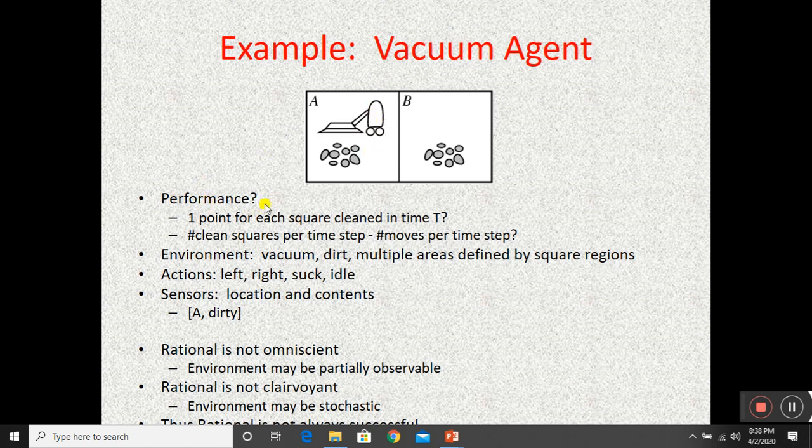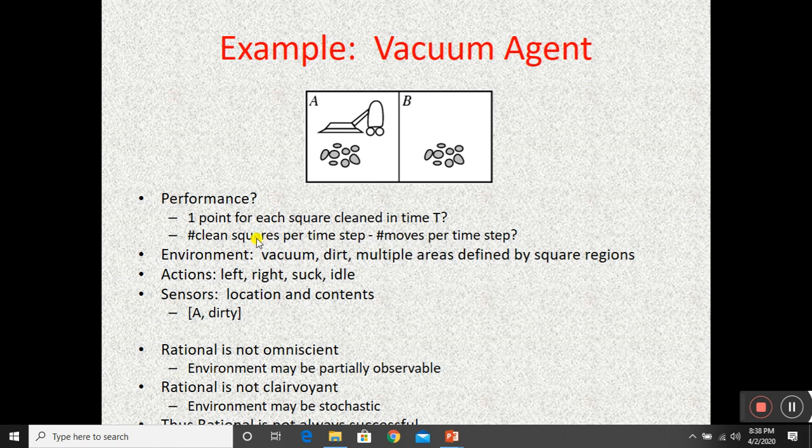So what is the performance of this vacuum agent? 1 point for each square cleaned in time. 1 point for each square. Definitely there will be some kind of area, and the vacuum agent will have a time, so it will act on the basis of time. Clean squares per time step.